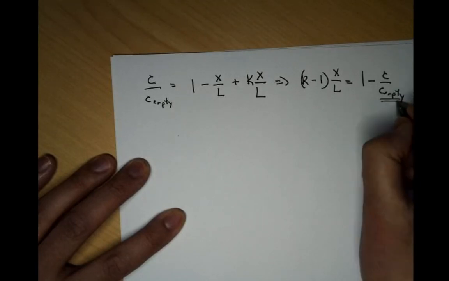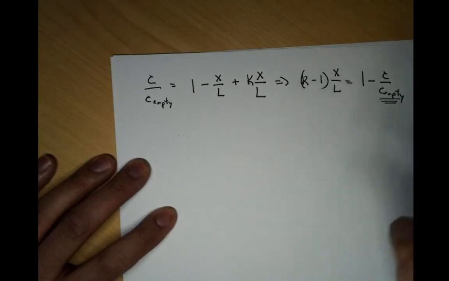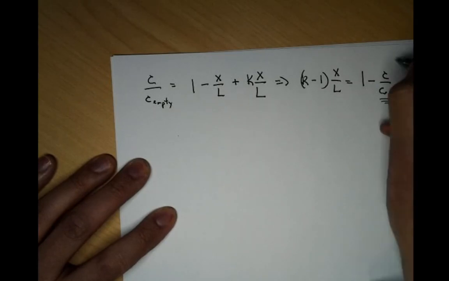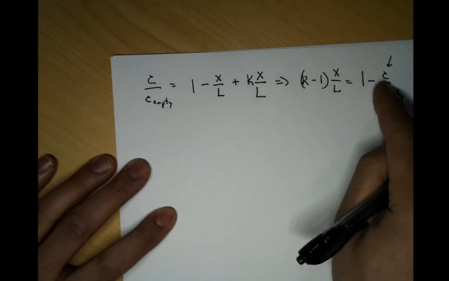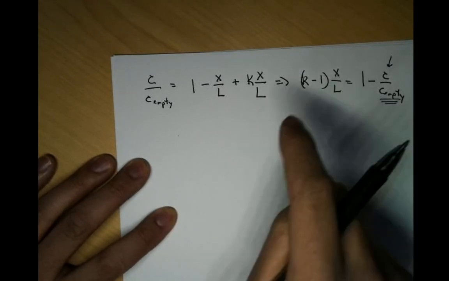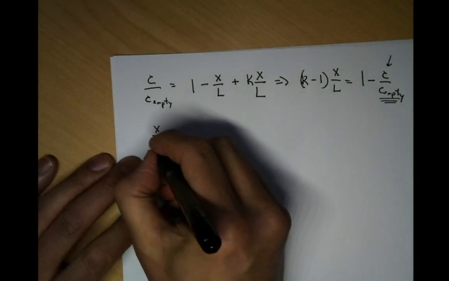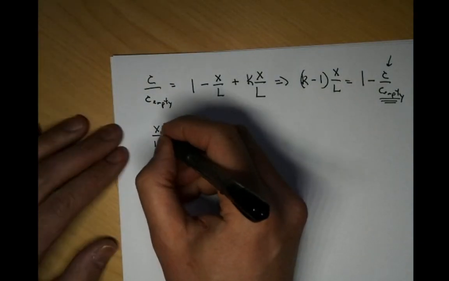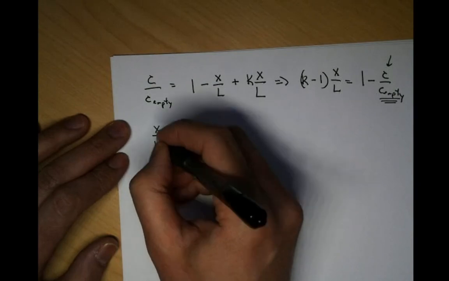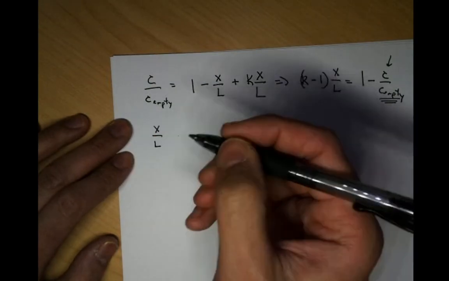This is something I can measure beforehand. I empty the gas tank, I know what C empty is. This is something I'm measuring as I'm rolling along in my car. And so I can compute what x has to be now. What's x over L? X over L is the amount of fuel left in the car, the fuel fraction, a half or 1 or whatnot.